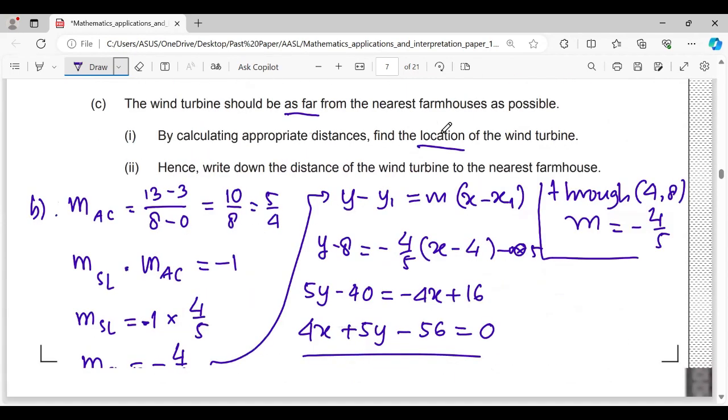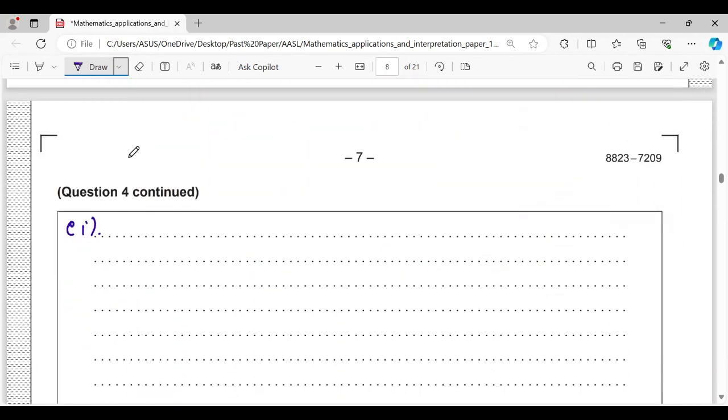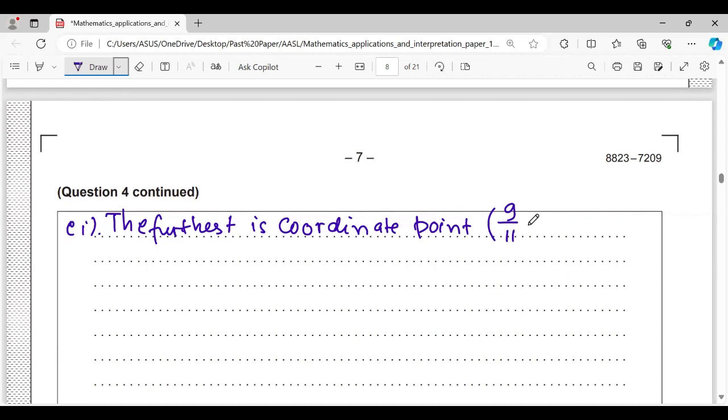So the farthest is the coordinate point (9/11, 116/11).